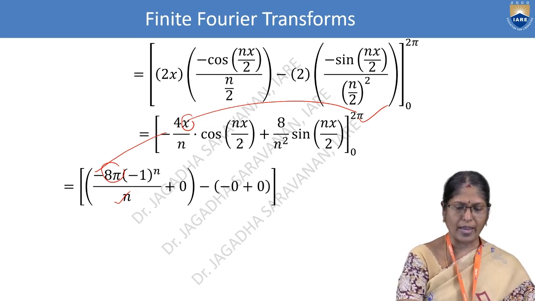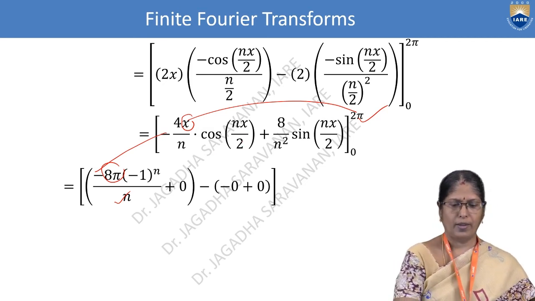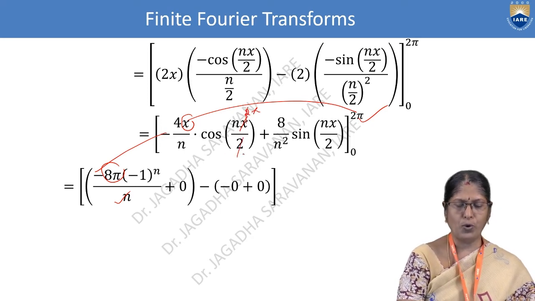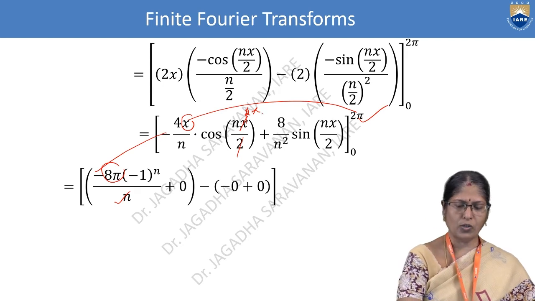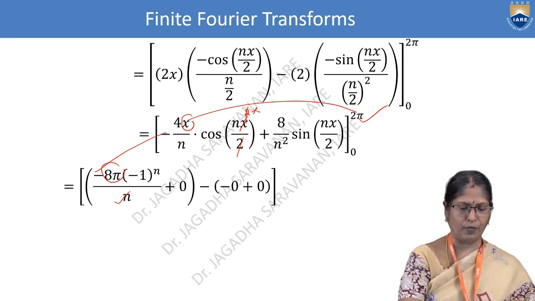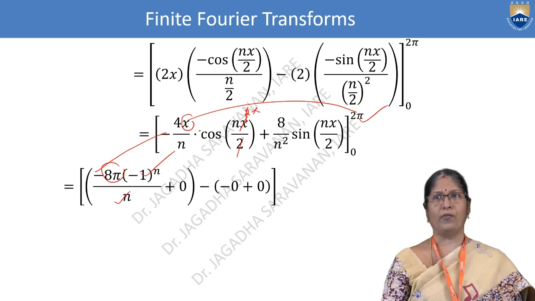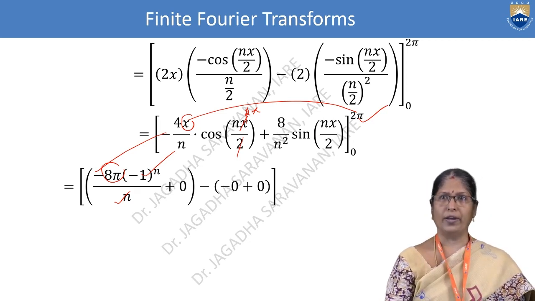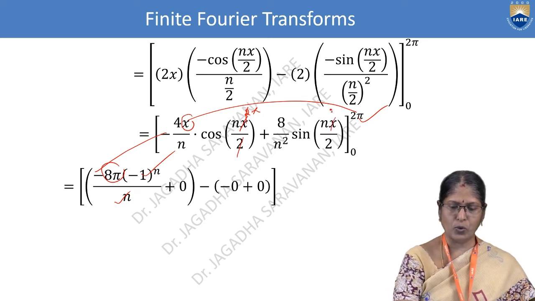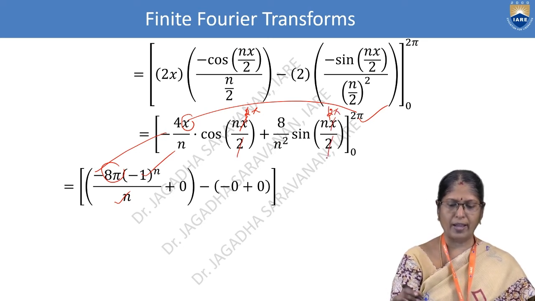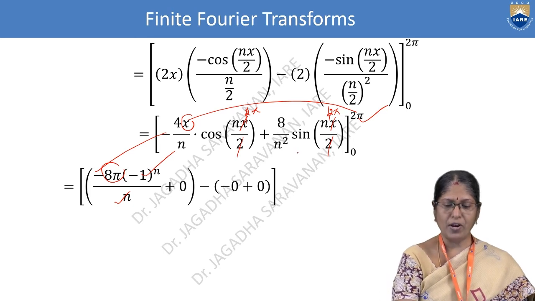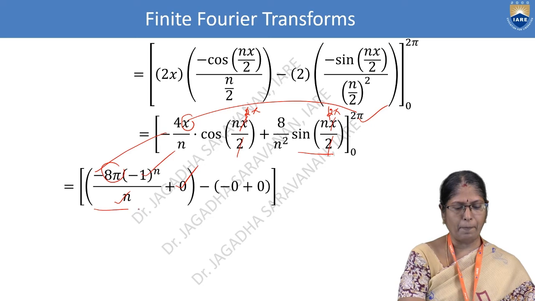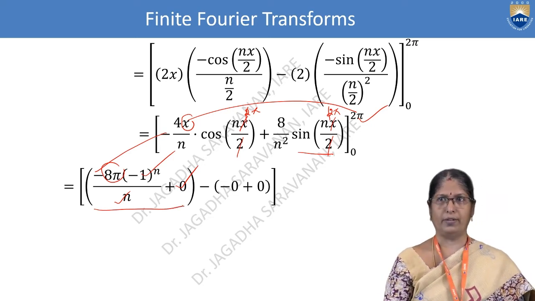Now, cos of nx by 2. In the x place we will put 2 pi. 2 getting cancelled, cos of n pi, it's nothing but the formula minus 1 power n. Now, plus 8 by n square. Here x is taking 2 pi. 2 cancelled. But sine of n pi, the value is 0. So, we completed the upper limit.